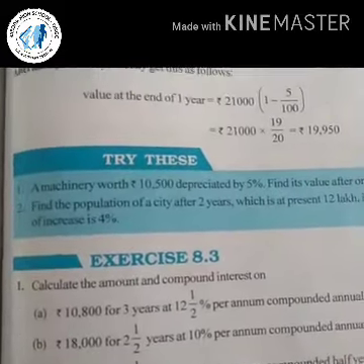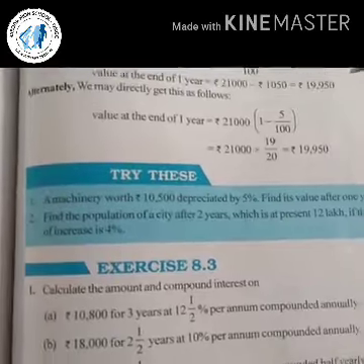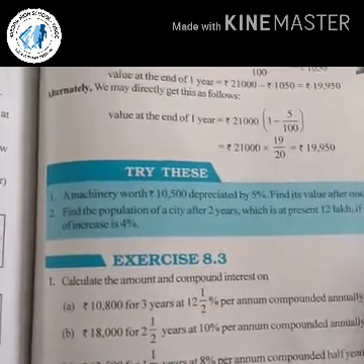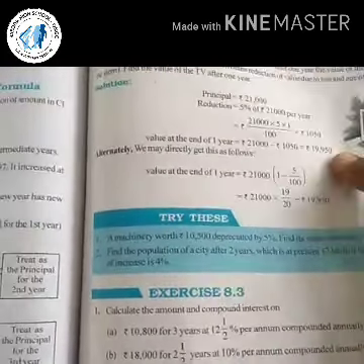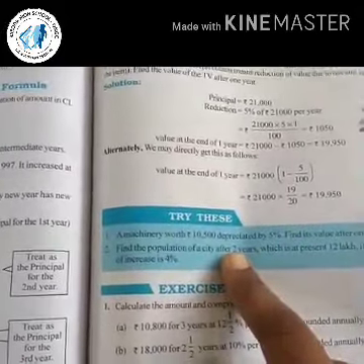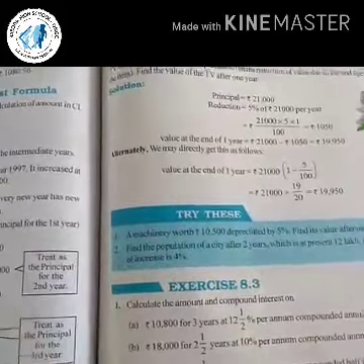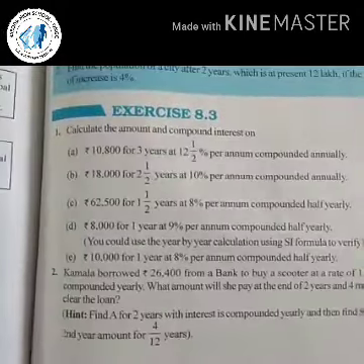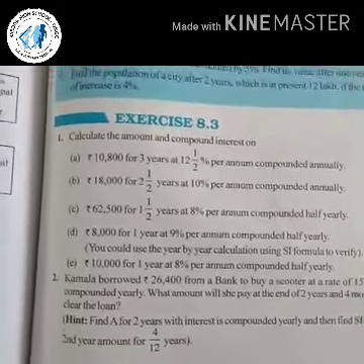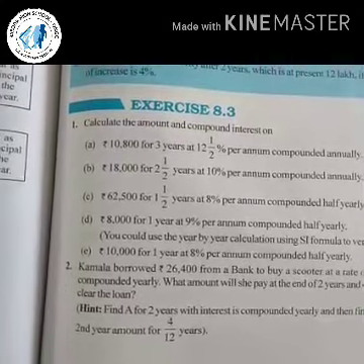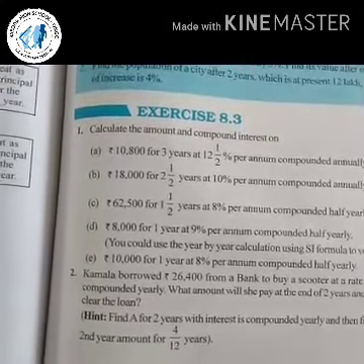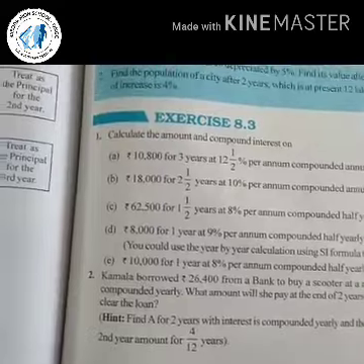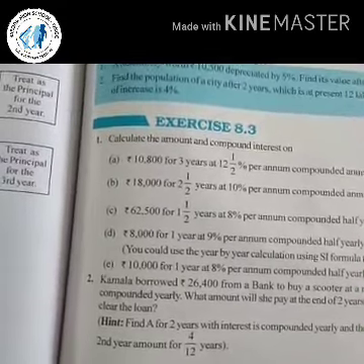Now moving towards Try These, you have to do this. In this, the first sum is similar to example number 15 and the second sum is similar to example number 14. After you finish Try These, then go for exercise 8.3. Question number 1: you just have to substitute the value that is given into our compound interest formula.